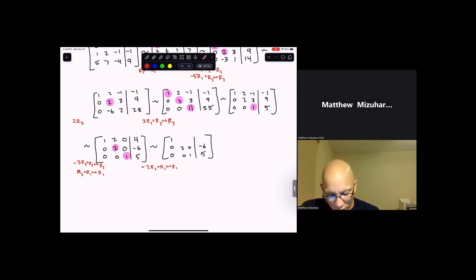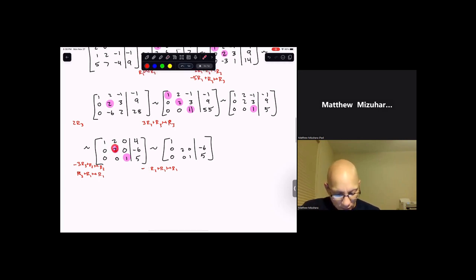Oh, sorry, not -2 row 2, just negative row 2. That's a mistake. So -2 plus 2 becomes a 0. Zeros don't affect these zeros, so that stays 0. And now -6, that's +6 plus 4 becomes a 10. Okay. And now I think we're basically home free.